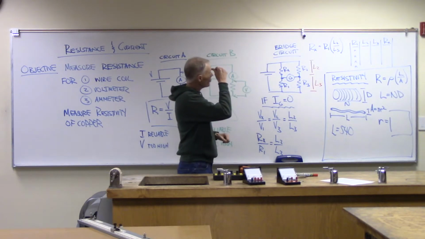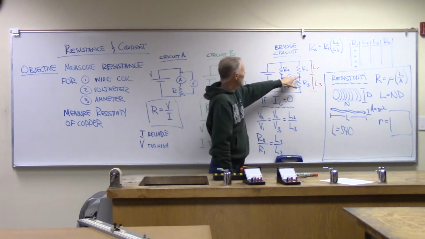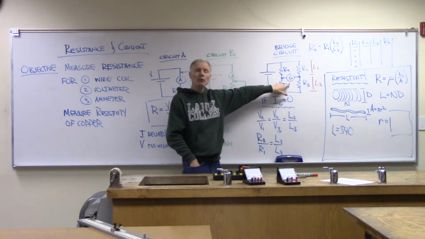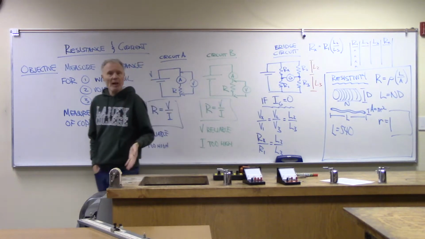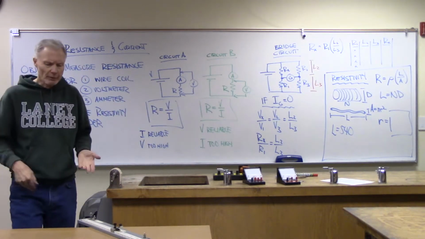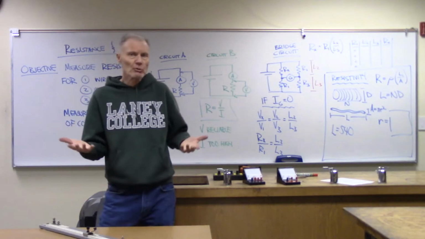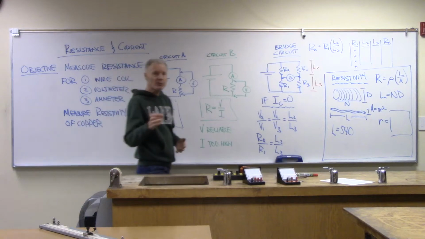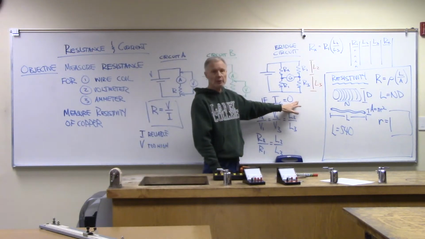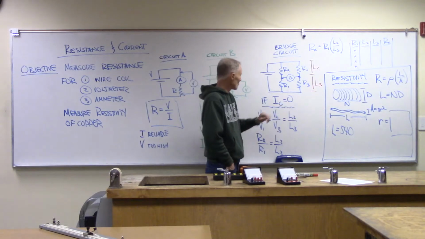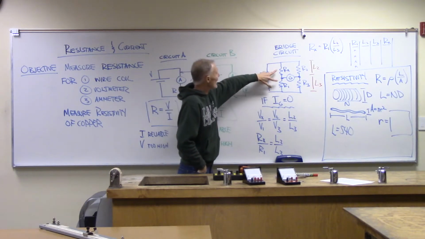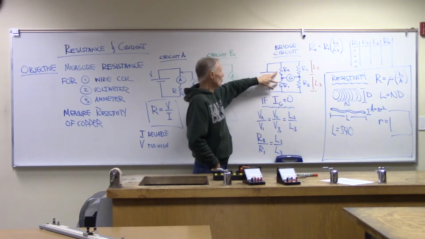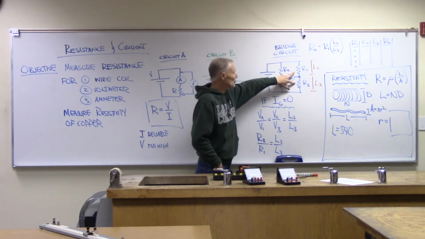So what we do is we connect everything up, and then we adjust the lengths until this galvanometer reads 0. Now, if you remember from last week's lab, a galvanometer is just measuring current. I want to get that galvanometer to read 0, because when it's reading right at 0, that tells me that the ratio of voltages on this side match the voltages on this side.